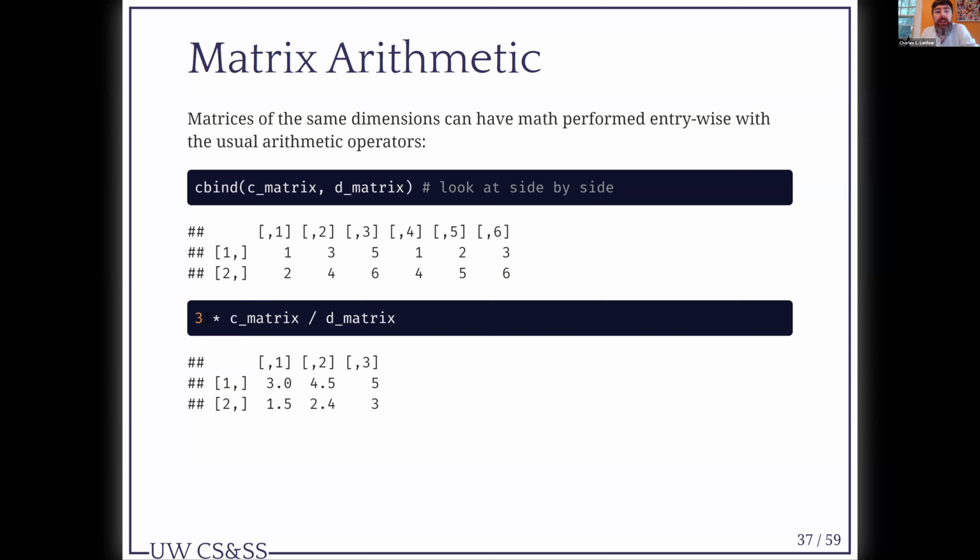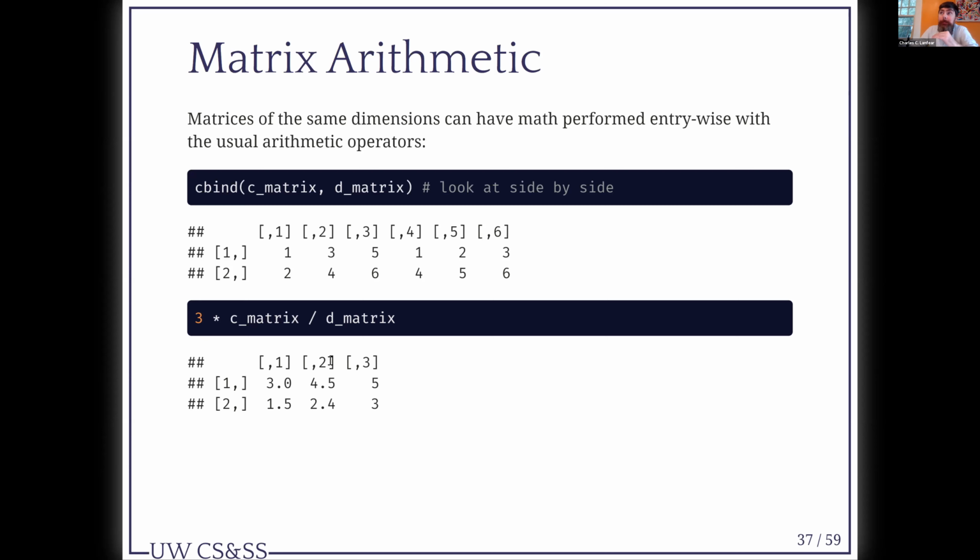If I say 3 times C matrix divided by D matrix, it's going to take the first element of C matrix, multiply it by 3, and then divide it by the first element of D matrix. So that is 3 times 1 divided by 1 is 3. Then it's going to do 3 times 3 is 9 divided by 2 is 4.5.